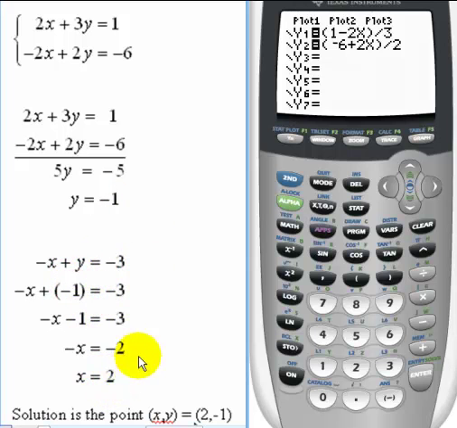We find out that if x is 2, y is negative 1 is the solution to this system. And down here I'm saying the solution is the point (x, y), or (2, -1).